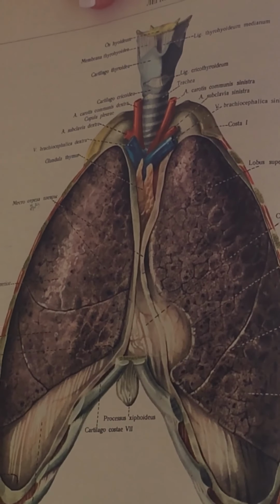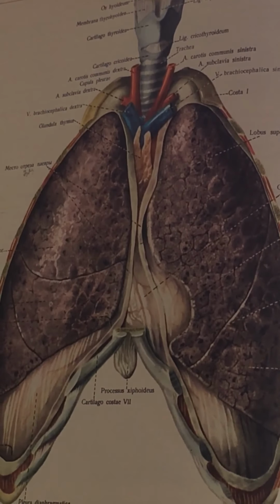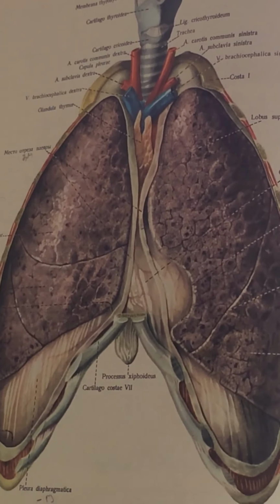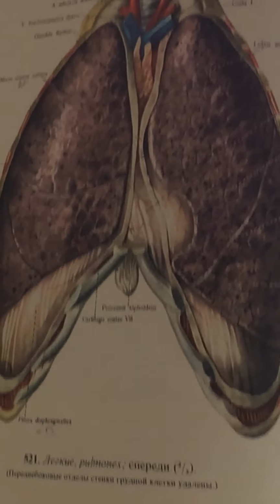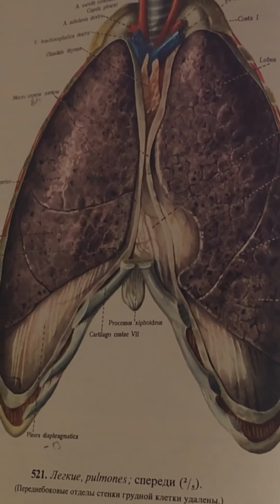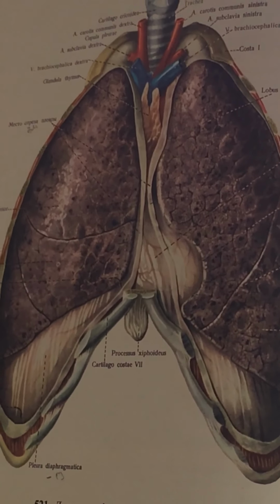And the lateral walls, if the mediastinum is a space between lungs, then what is it? The lungs themselves, right? So laterally we have lungs, anteriorly we have the sternum, posteriorly we have the vertebral column.